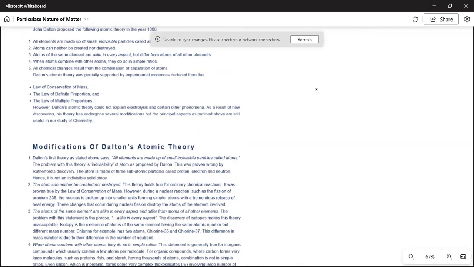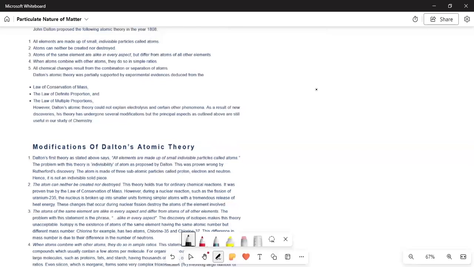Now, Dalton's atomic theory has a lot of problems, which we are going to look at as we progress in its modification. So, if you look at the theory we have here on the board, you can see some words are highlighted: size, manner, like this, indivisible. Dalton says that all elements are made up of small, indivisible particles called atoms.